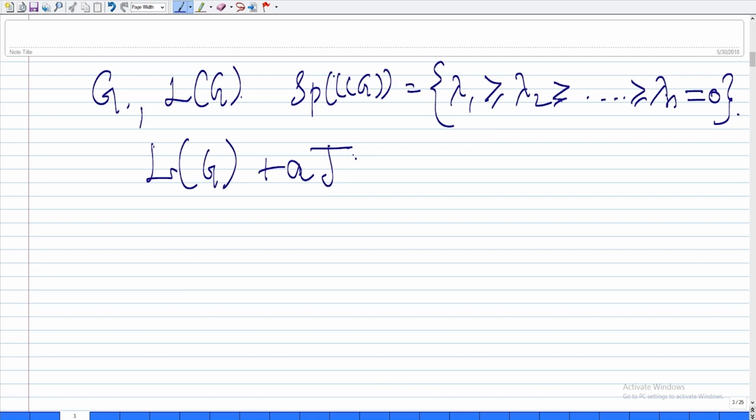What can we say about the spectrum of this if I know the spectrum of L of G? Can we prove it? It is quite easy to prove. We know L of G has spectrum lambda 1 to lambda n. What about J?